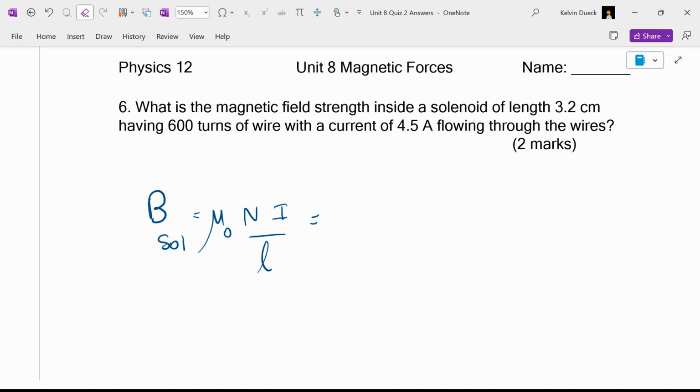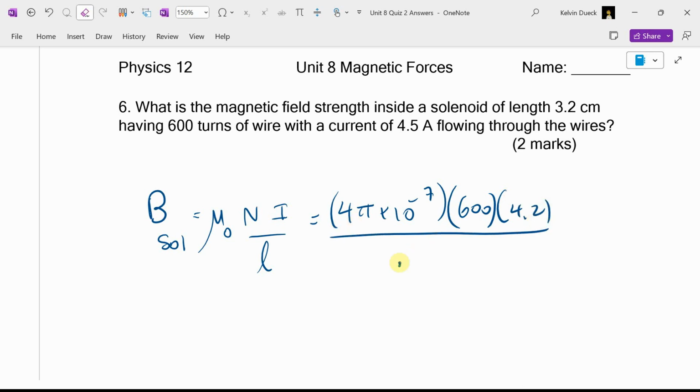It's going to be 4 pi times 10 to the negative 7, the permeability of free space. N is 600. A is 4.5.